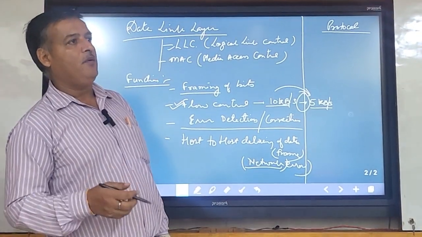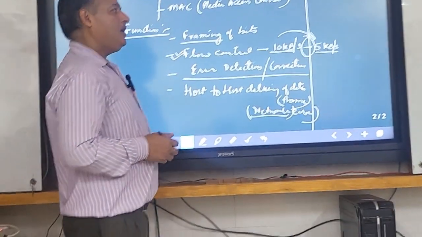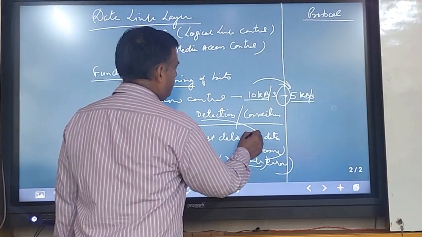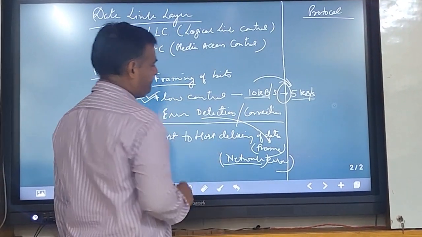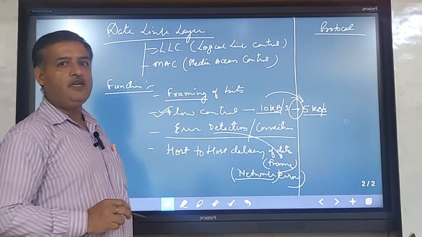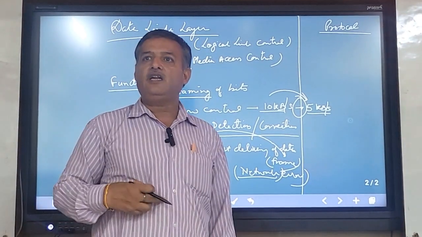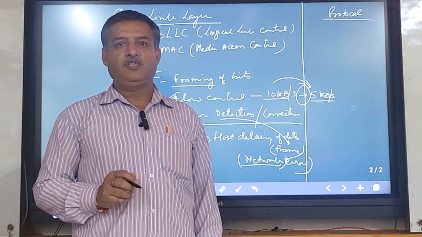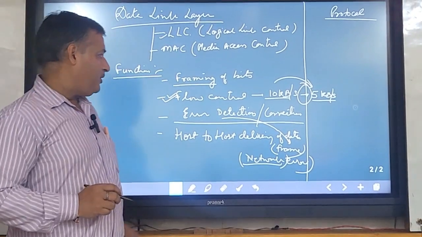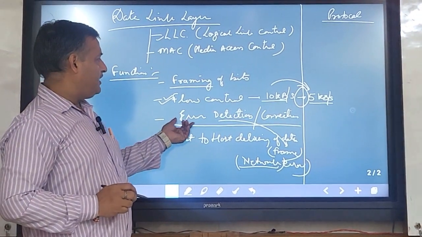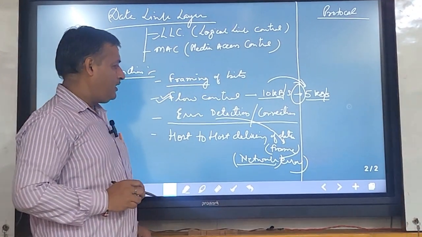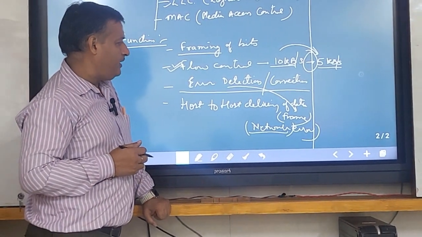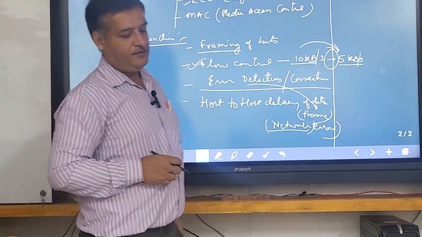There is another type of error which will also be considered, but with a very limited scope. Actual error handling will be completed in the transport layer. So a brief idea about error detection will be given here, and these types of errors are handled in host to host delivery.